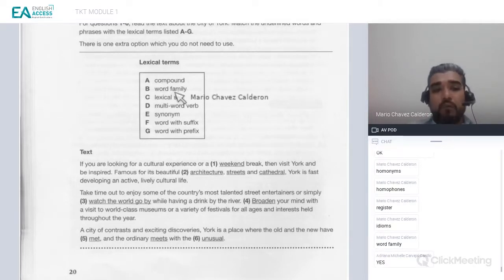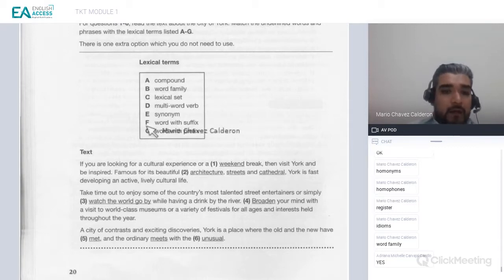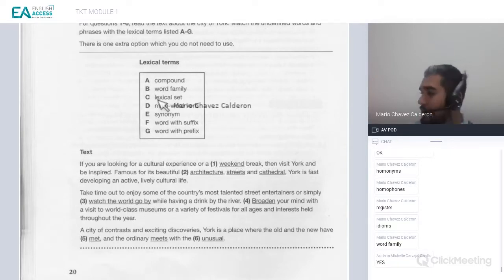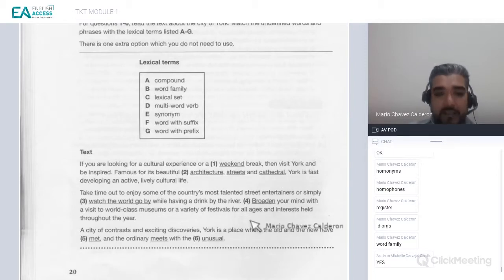We have compound, word family, lexical set, multi-word pair. Multi-word pair, one pair with more than one word. Synonym, word with suffixes, word with prefixes. We need to match these terms to the words that are underlined. Go ahead, ladies.